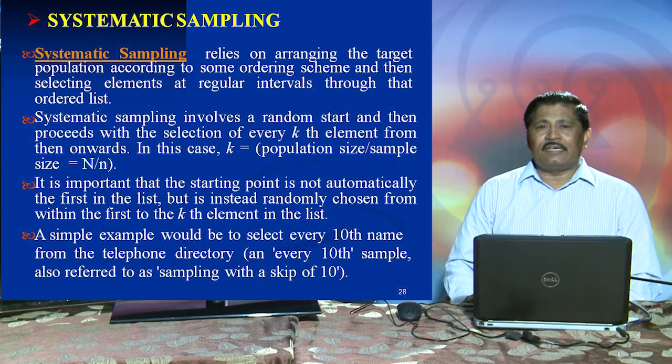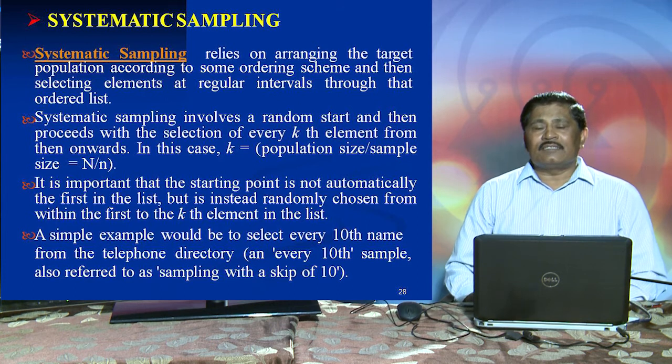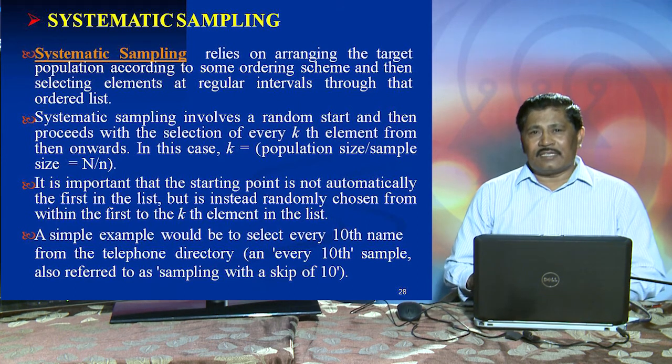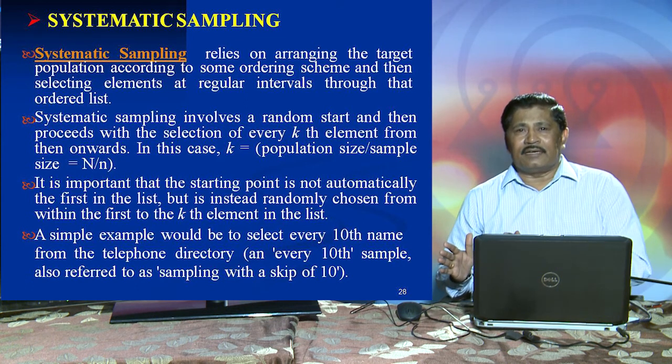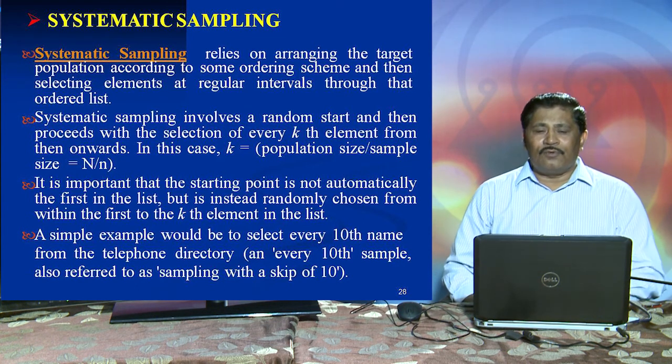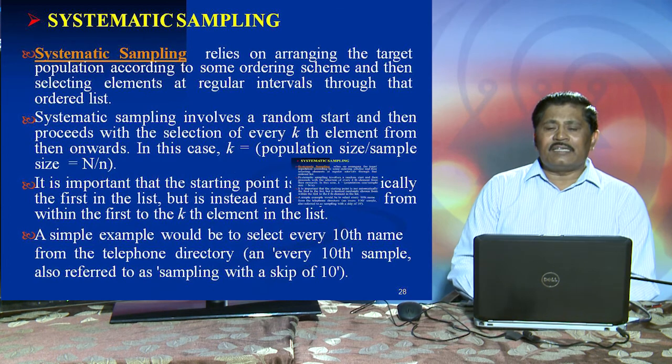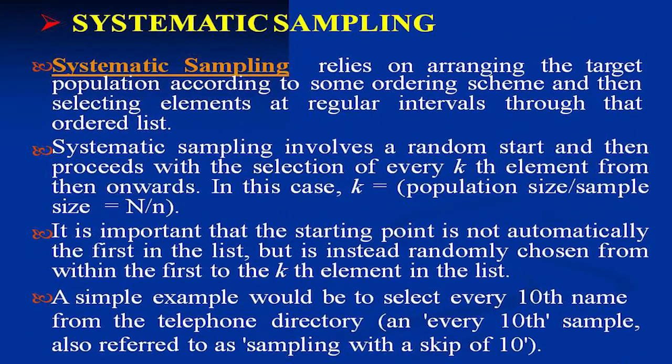In systematic sampling, the first unit is selected at random, and other units are automatically selected. This is also very important, and systematic sampling relies on arranging the target population according to some ordering scheme, and then selecting elements at regular intervals through that ordered list.